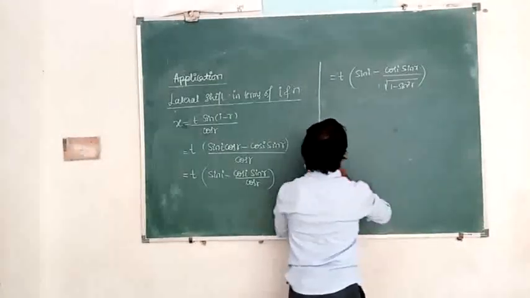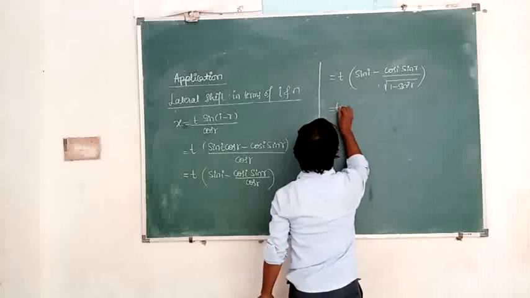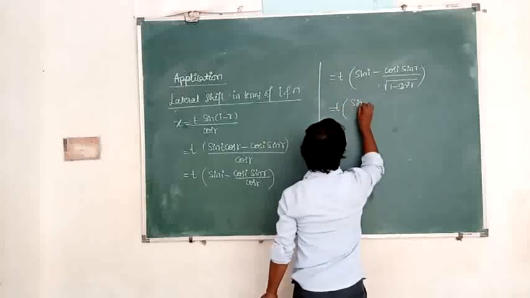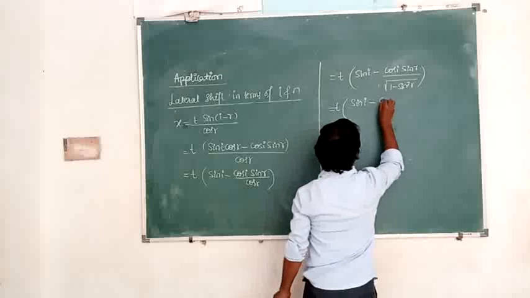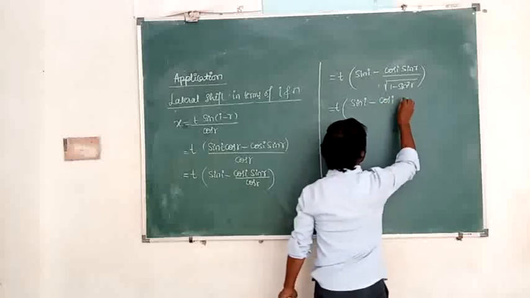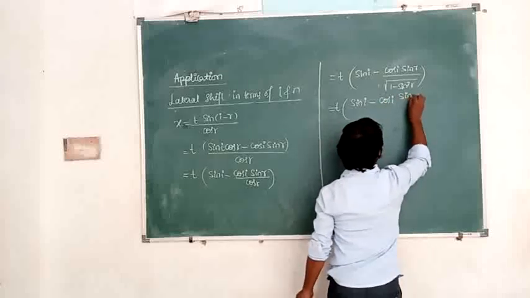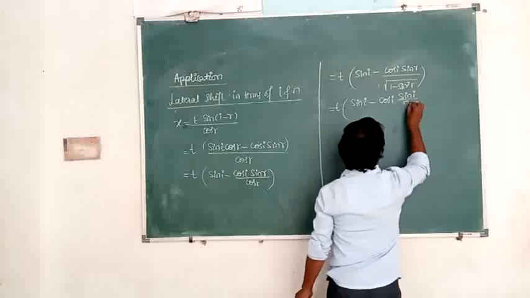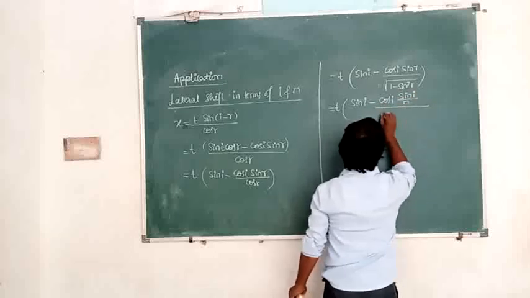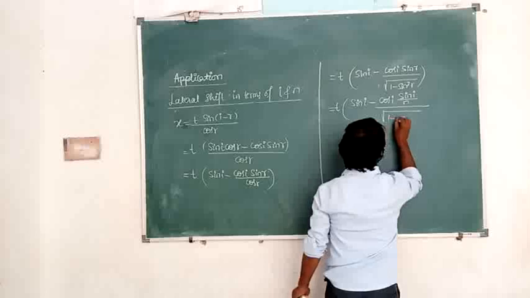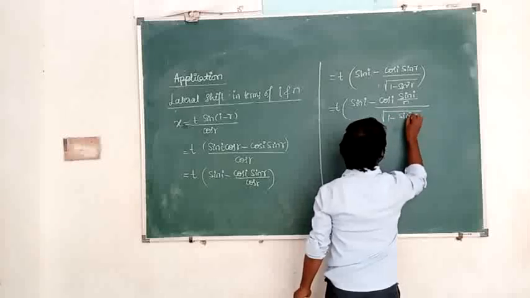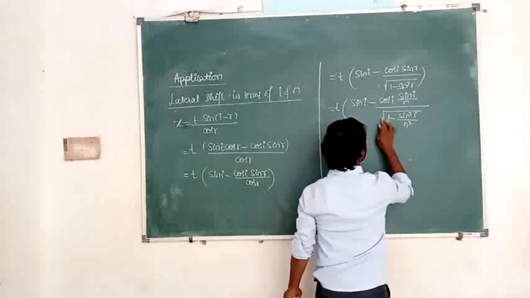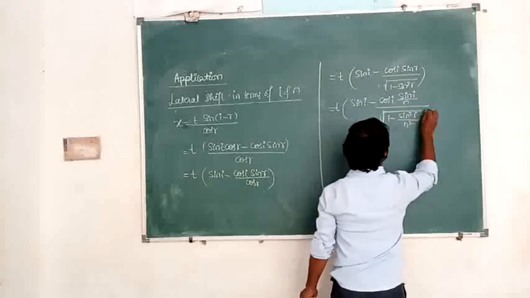What about sin r? x is equal to t into sin i minus cos i into sin r, where sin r is sin i by n, whole divided by the square root of 1 minus sin square i divided by n square.